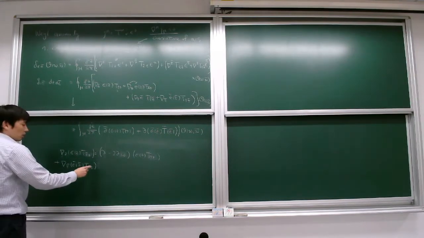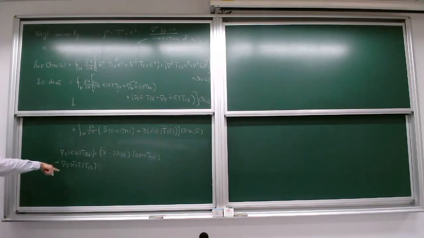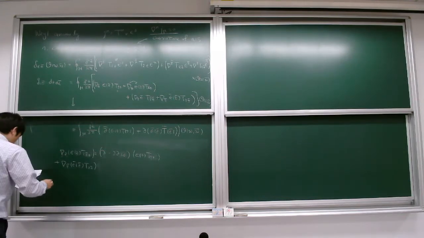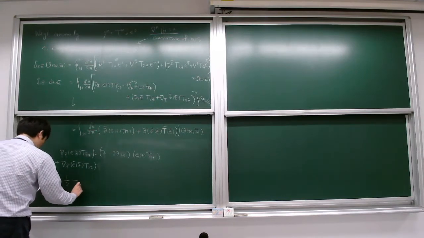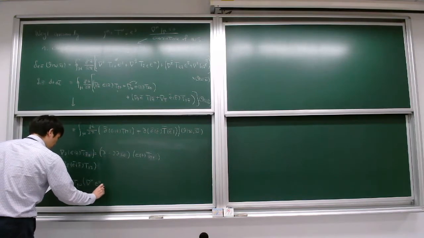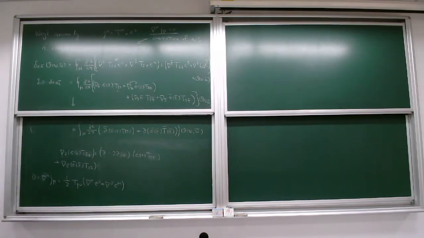This one can act on ε^z, but if you combine them together, note that last time I derived the following a long time ago in the conformal Ward identity. So ∂_μ j^μ is equal to 1/2 T^μν (∂_μ ε_ν + ∂_ν ε_μ).